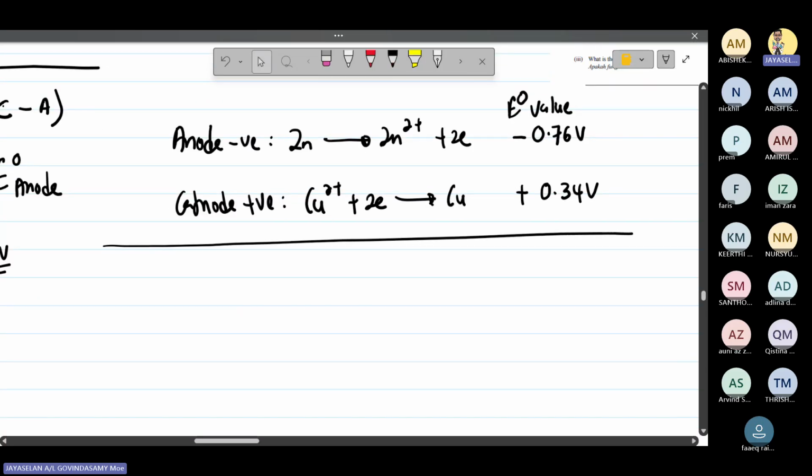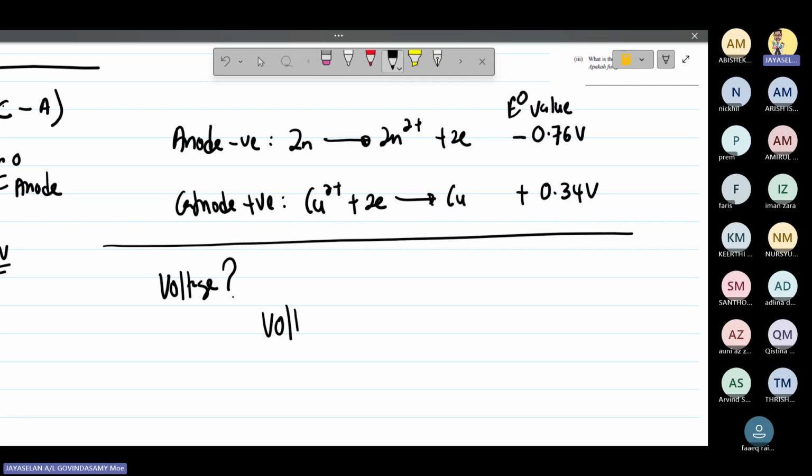Let's say the next question they ask you to calculate voltage. How do you calculate voltage? You put here voltage, and you write this formula: E naught value of cathode, remember CA, C minus A, cathode minus E naught value of anode. Cathode, what is the value?